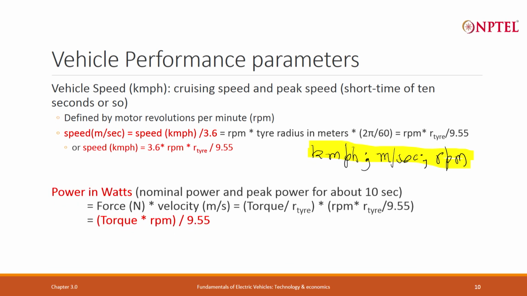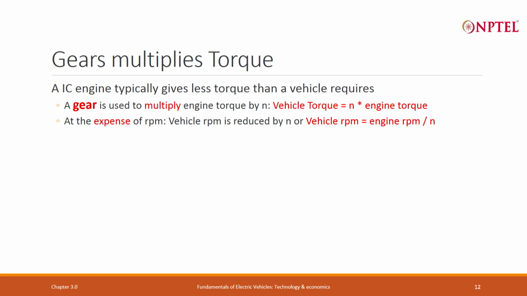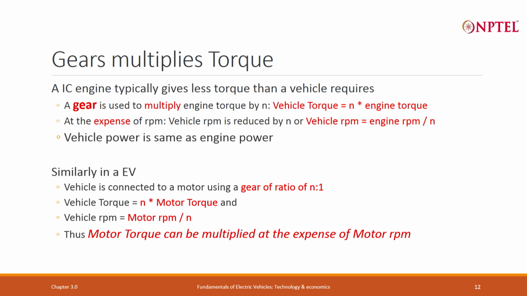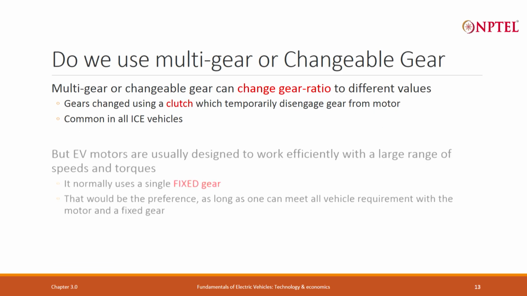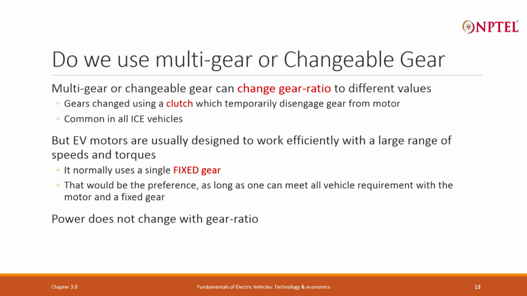And we had even talked about the power being torque into RPM divided by 9.55, that is an important ratio. So, this is where we did the gears, that gears multiply the torque at the expense of the RPM. We said while multi-stage gears can be used, EVs tend to use a fixed gear.